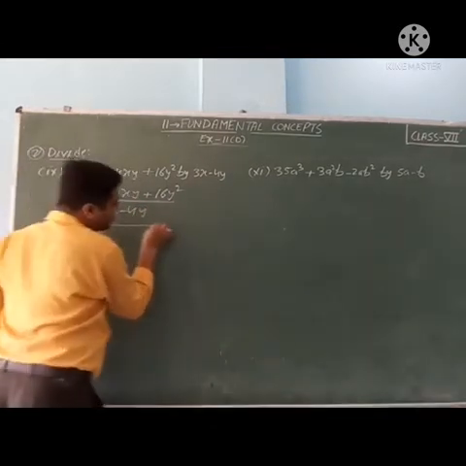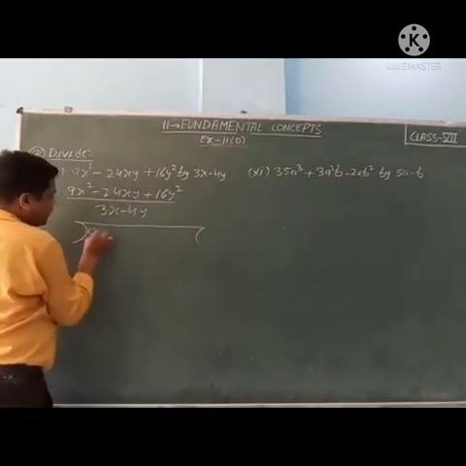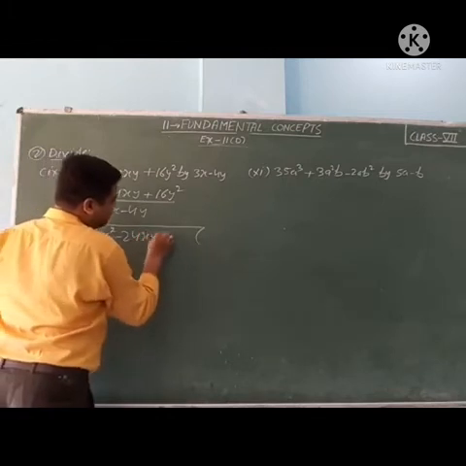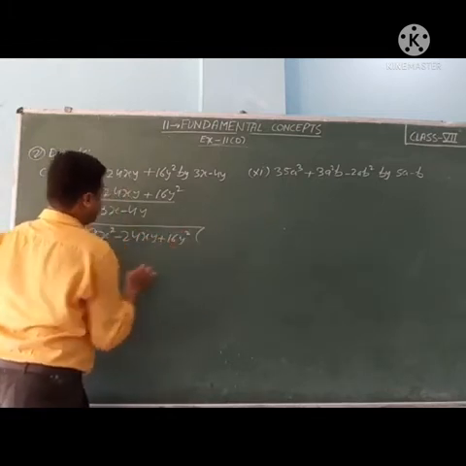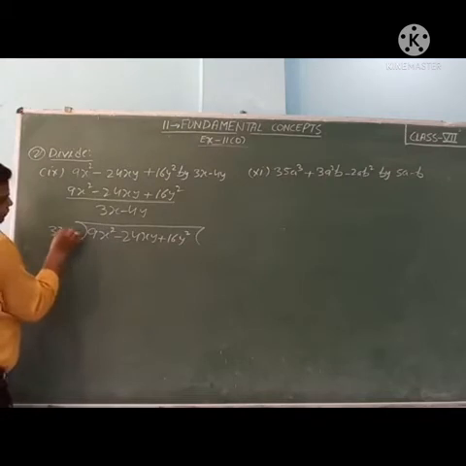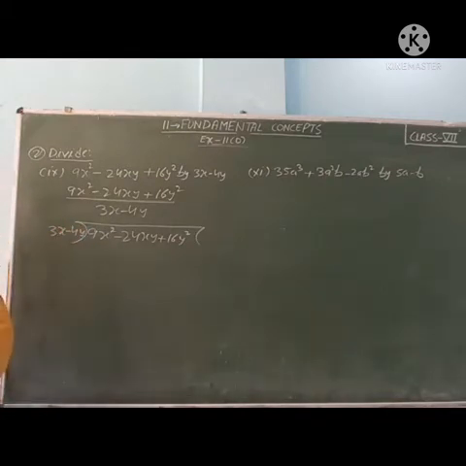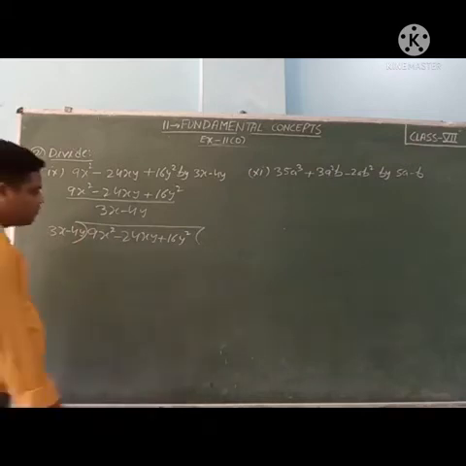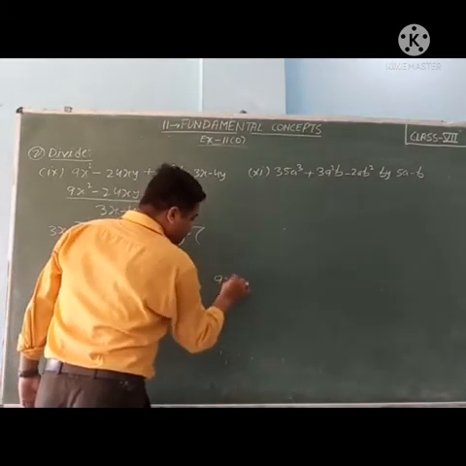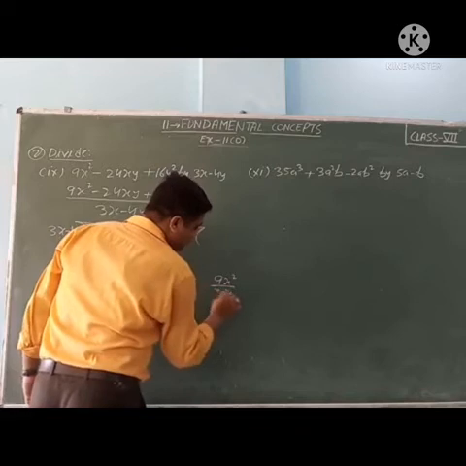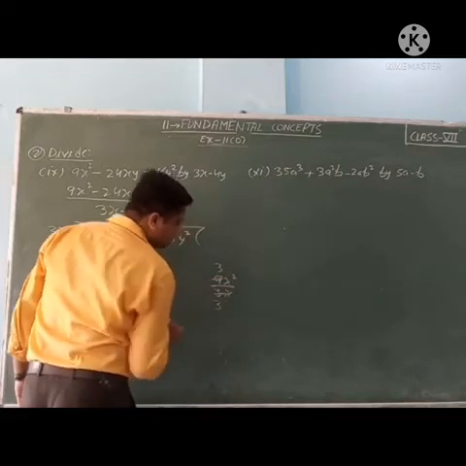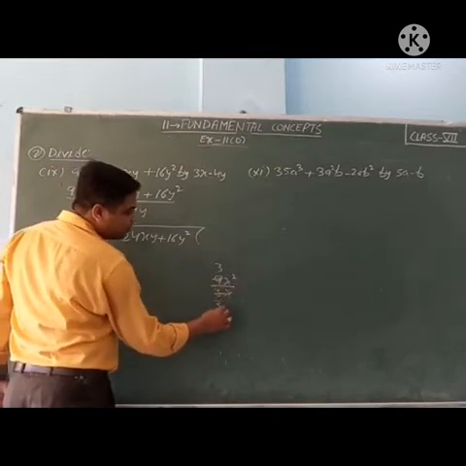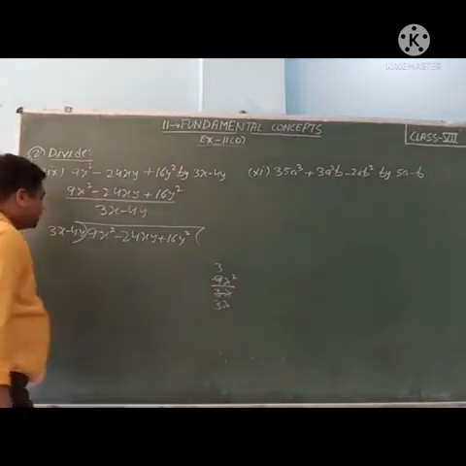So this 9x square minus 24xy plus 16y square by this 3x minus 4. So by which number or term we will multiply 3x, that will become 9x square. So you can see 9x square upon 3x. So 3 3s are 9. 3x here, x is at power 2, here 1, so 2 minus 1, 1, it means x. So by 3x we will multiply.